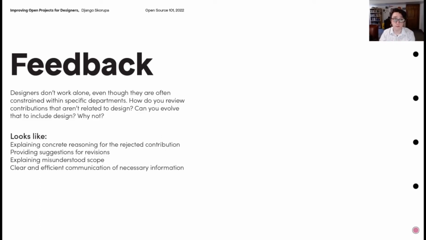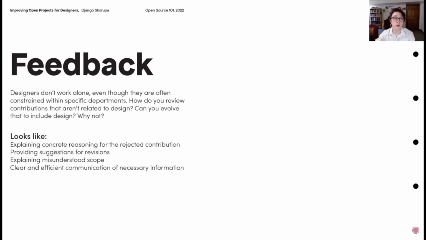Designers don't work alone. Even though they're often constrained to specific departments, designers thrive on collaborative feedback from members within their design team and members outside of the design department entirely. So ask yourself, how can I provide feedback to someone whose process I don't necessarily fully understand?